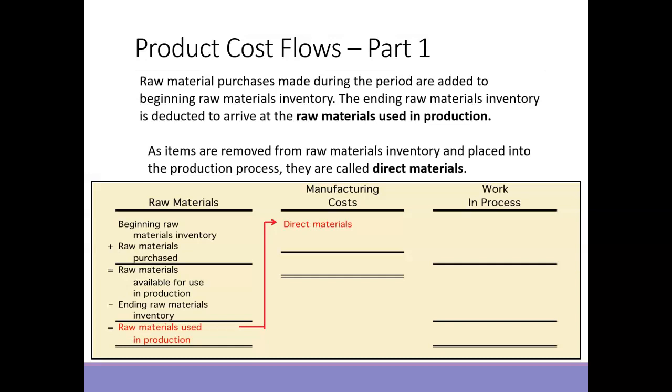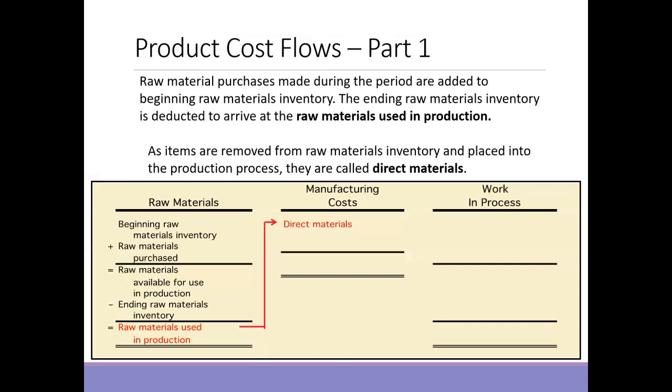So as you see here, raw materials purchased during the period get added to the beginning raw materials account. Okay? So we start with a beginning raw materials balance.